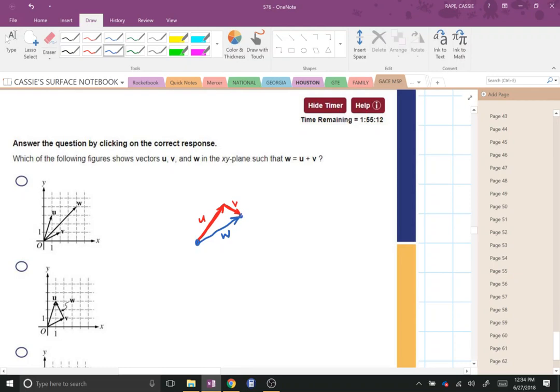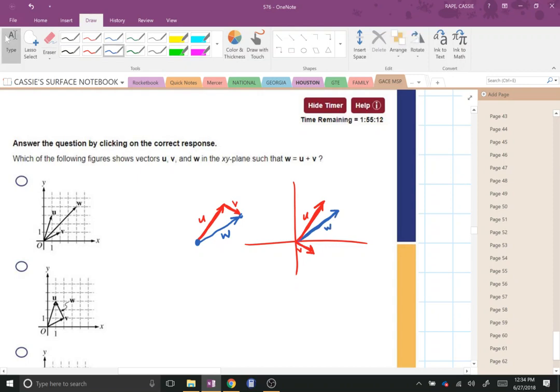Now here's the thing though, u and v are each their own program. So if I were to graph my particular u and v right now, u would look like that, like my u. V all by itself looks like this. And w would look like this.